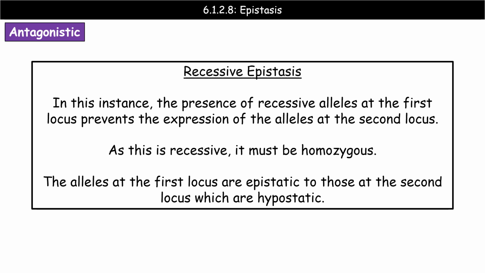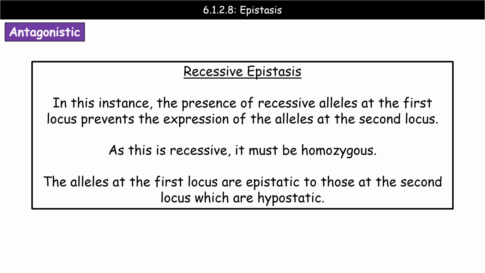So we're seeing a masking of the second characteristic based on the homozygous recessive nature of the first gene locus. Obviously it's got to be homozygous because, when we're talking about a recessive characteristic, the only way we would see that impact is if both recessive alleles were present. So we must be homozygous recessive at that first locus, and that is going to prevent the expression of whatever alleles may be present at the second locus.